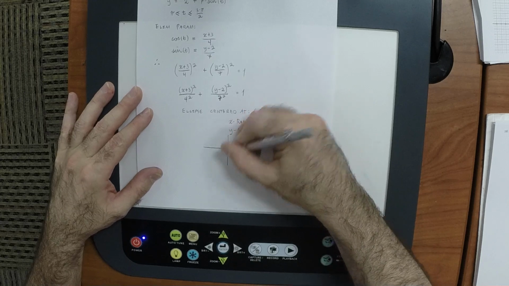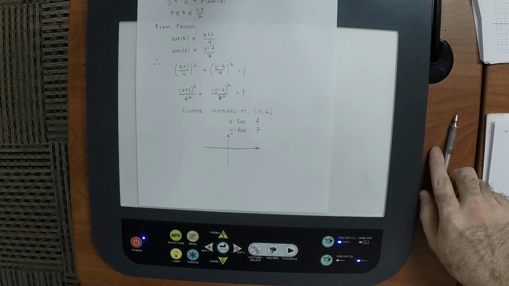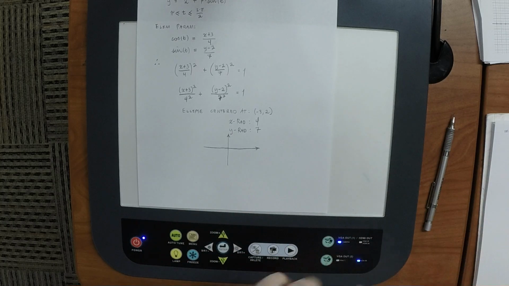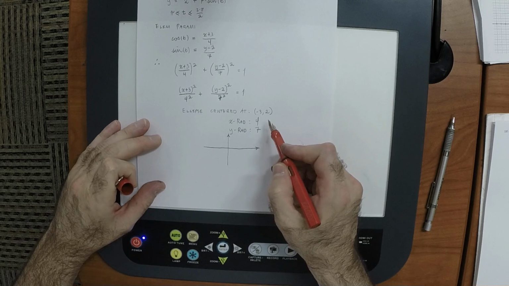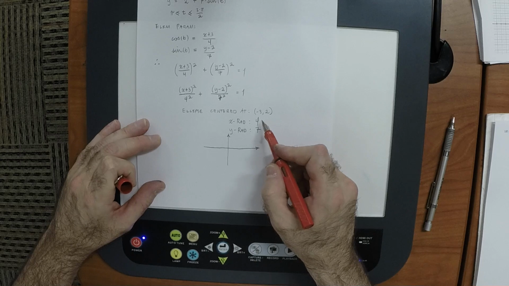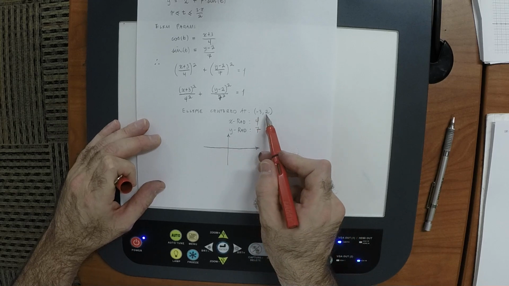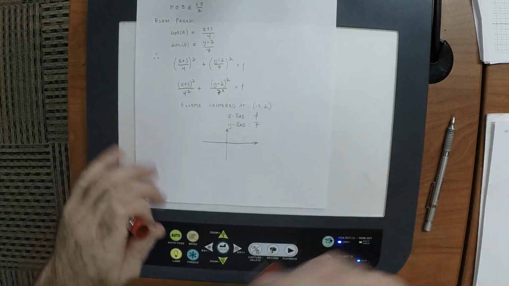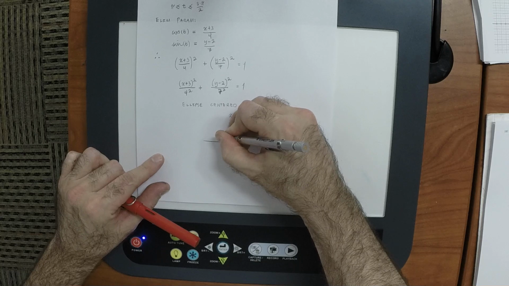So a quick sketch of just this. I'm not going to try and draw tick marks and make it real accurate, but at least I want to make sure that I have the center in the correct quadrant, right? So in which quadrant is it? Quadrant 2, right? Top left. So that means left side, that means top side. So the center is maybe right there.